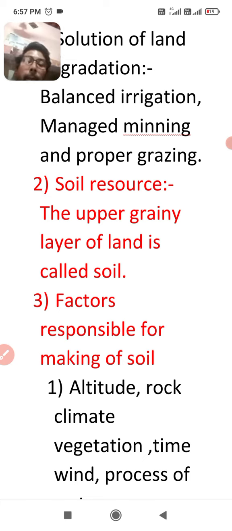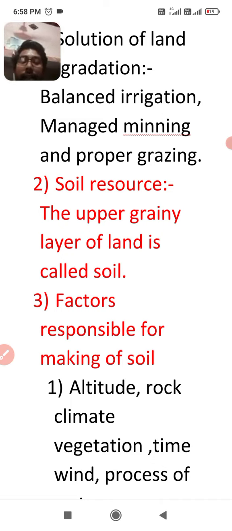What type of climate is there? Is there high temperature, low temperature and a lot of rainfall? These are the main climatic factors affecting the formation of soil. Next, vegetation: is there a lot of vegetation or less? Next, time. You know that time changes the particles of soil; from time to time there can be a change in the particles of soil.